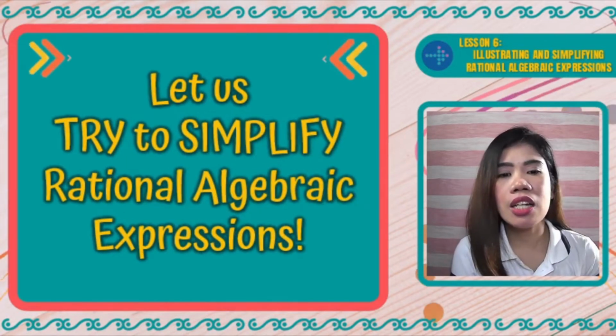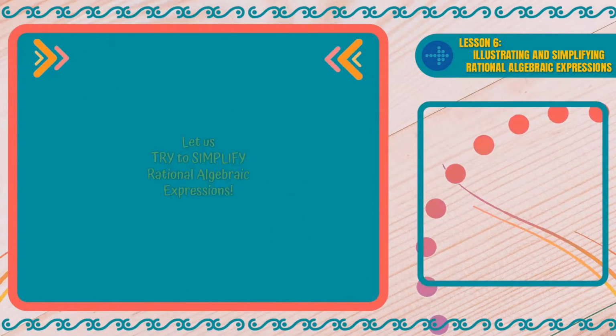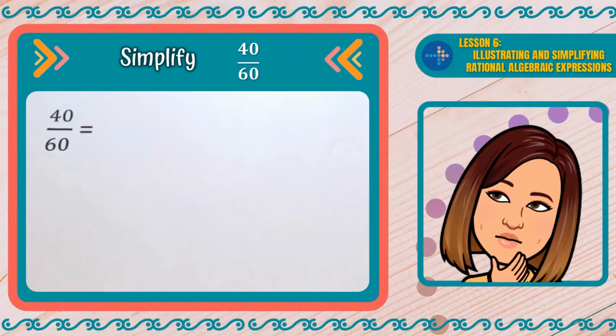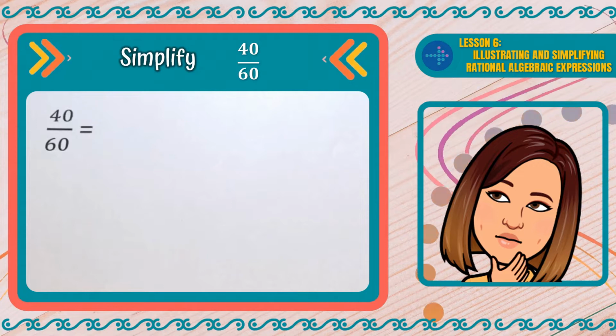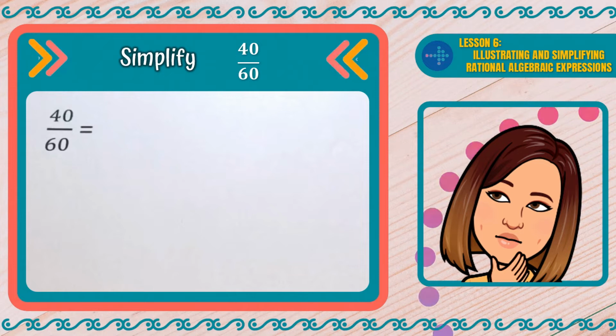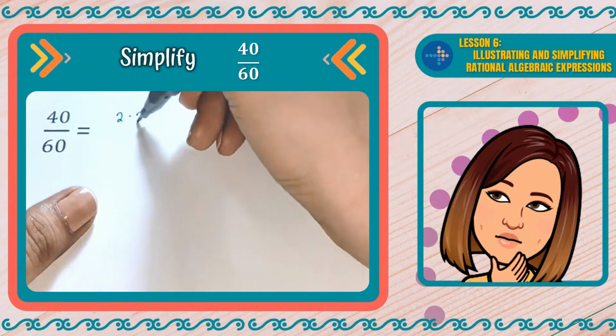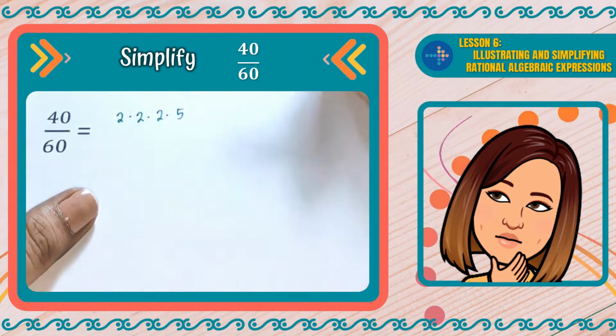So let us try to simplify rational algebraic expressions. So the given is 40 over 60. So factor the numerator and the denominator. So 40, we have the complete factors of 2 times 2 times 2 times 5.